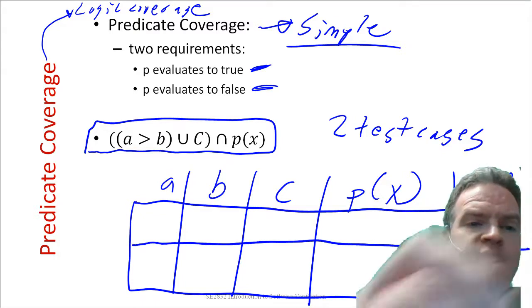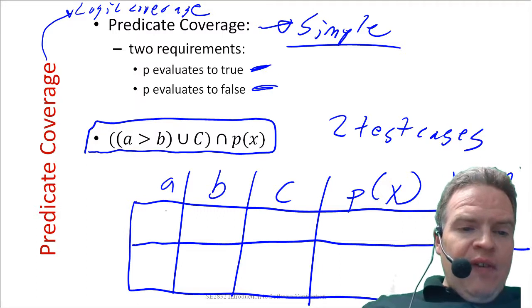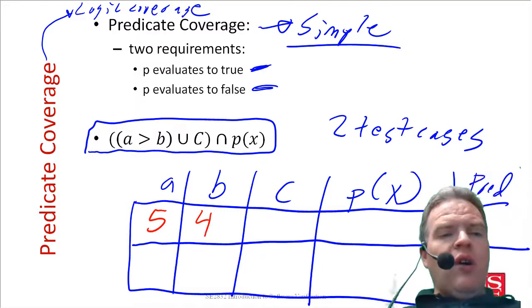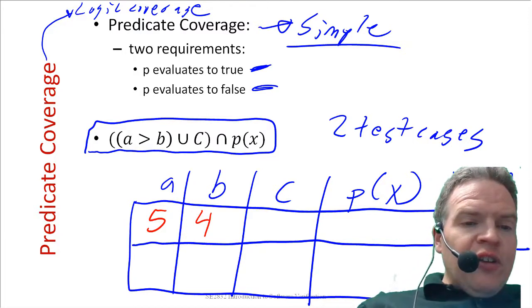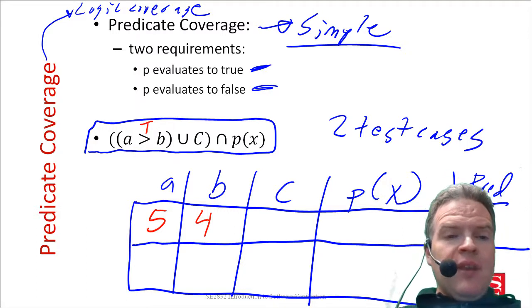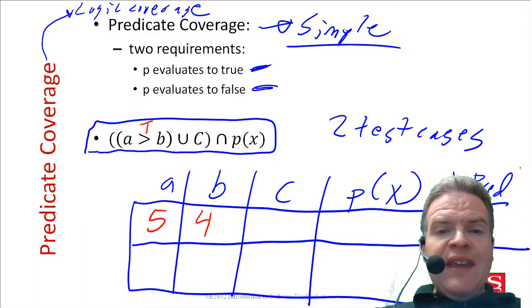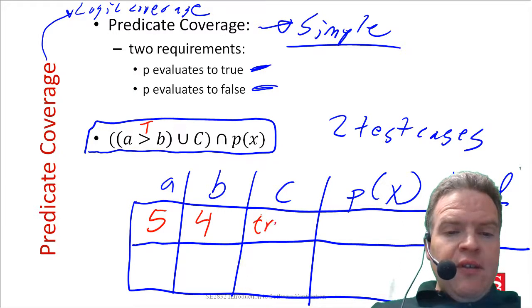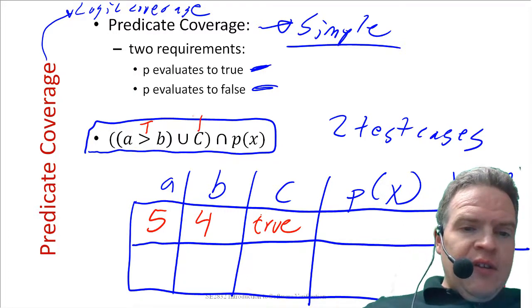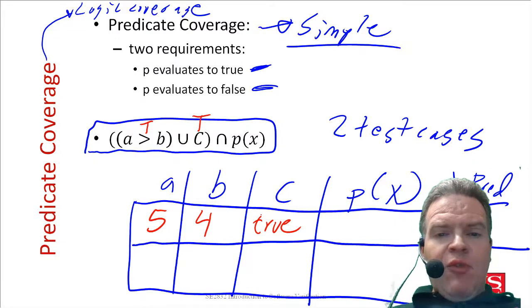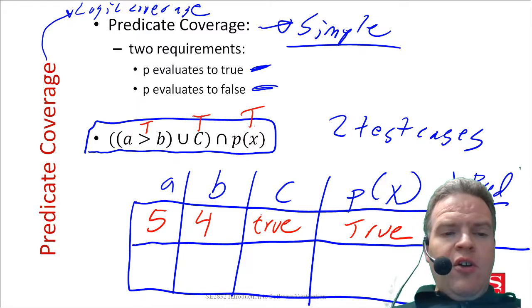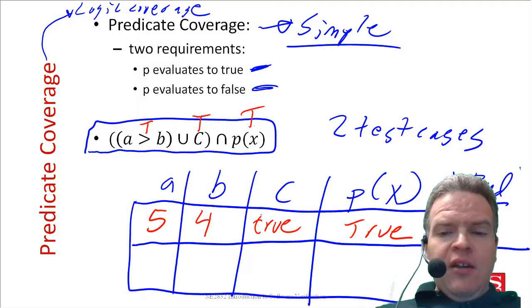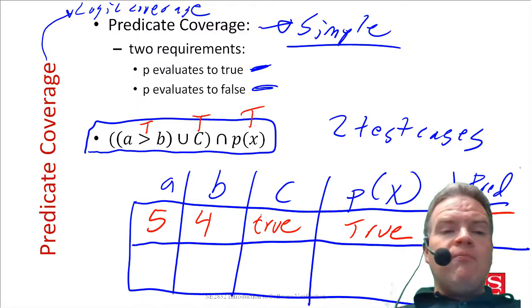In my first test case, I'm going to pick A having a value of 5 and B having a value of 4. That makes this first clause true. I'm going to pick C to be true, which means this clause is true, and I'm going to pick P of x to be true as well, which results in my predicate being true.